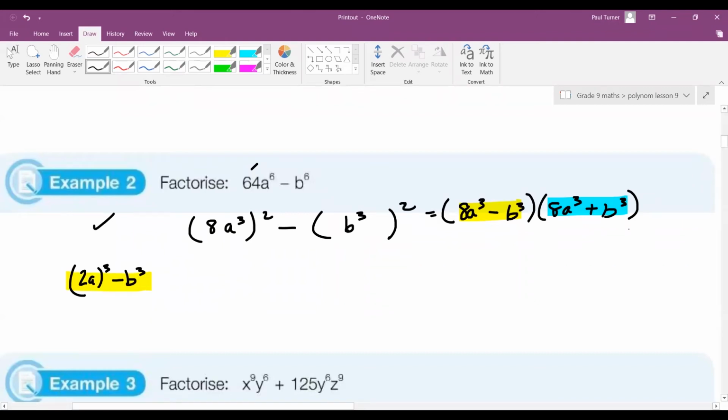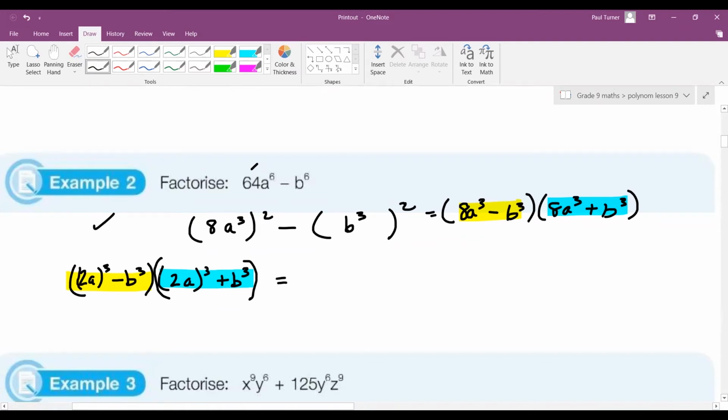And then the other bit is 8a cubed plus b cubed, but we'll have to make that 2a all cubed plus b cubed, like that. So this is just rewritten, but in cubes. So now you have a difference of cubes here and a sum of cubes here.